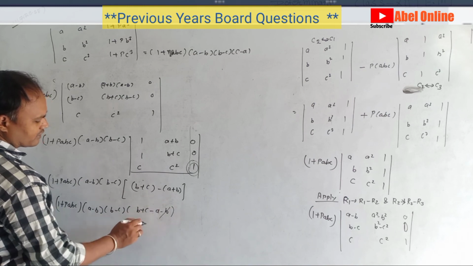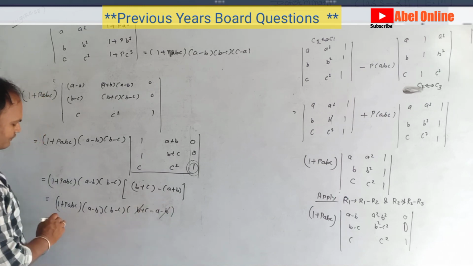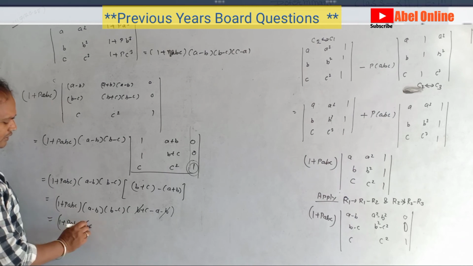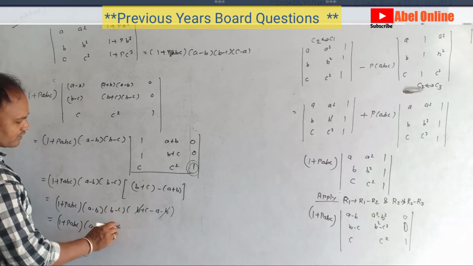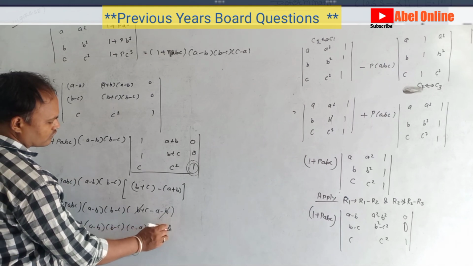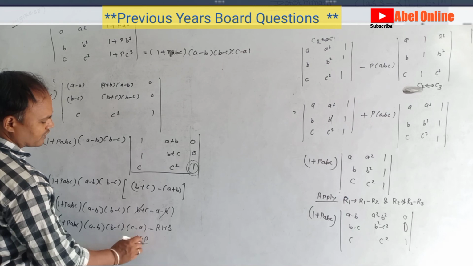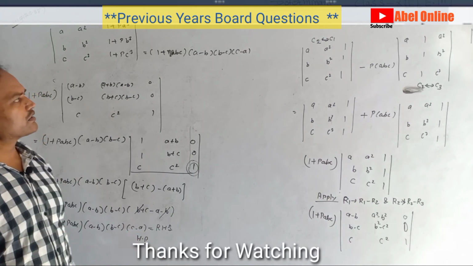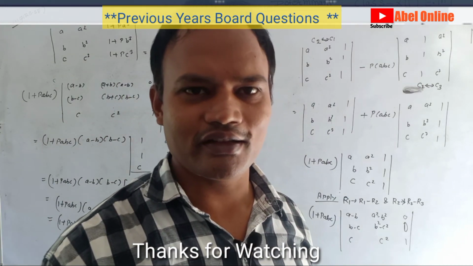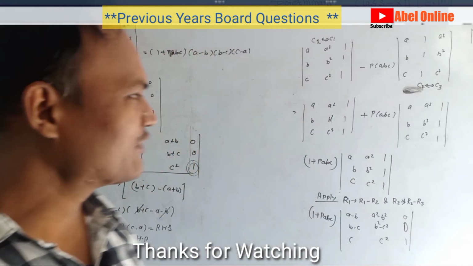Something is cancelled, b is cancelled by b, so the remaining part is 1 plus p abc, a minus b, b minus c, and c minus a. It is the RHS, students. So we have completed, it is hence proved, because LHS is equal to RHS. So how are you feeling now? I think feeling better. Okay, so we have completed.